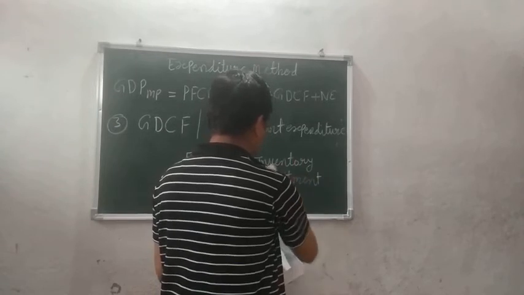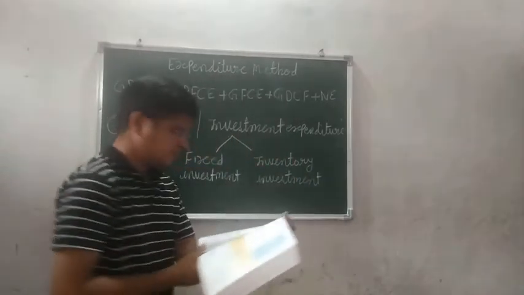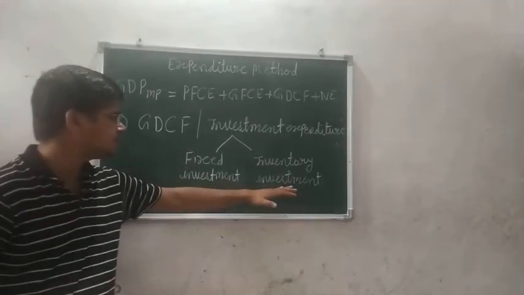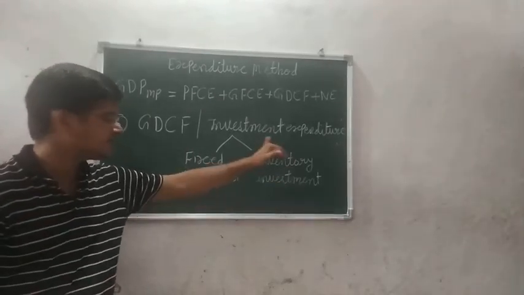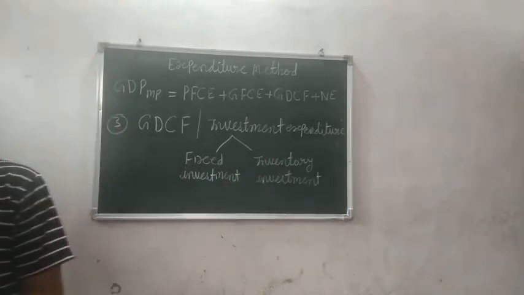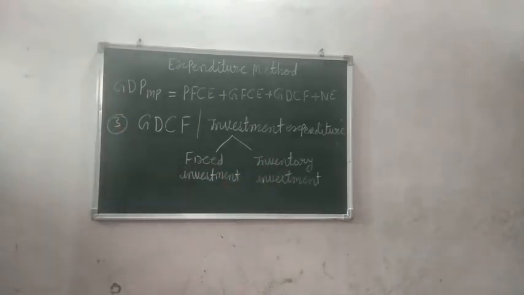Okay, so these are the two categories of investment expenditure, which is fixed investment and inventory investment. What will be the meaning of fixed investment?